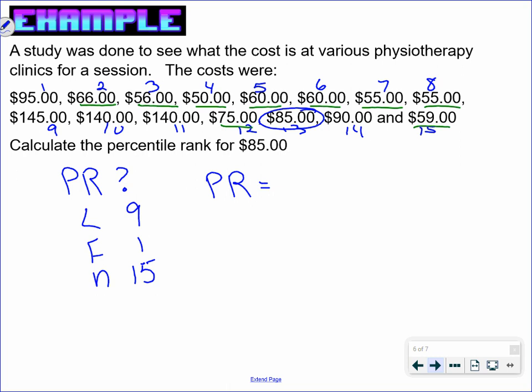Now substitute this into your formula. PR equals L, which is 9, plus 0.5 times F, which is 1, divided by N, which is 15, and then multiply it by 100. First, we're going to multiply that 0.5 times 1.